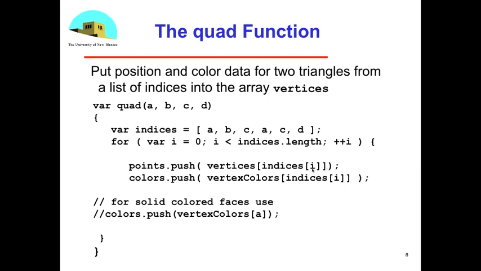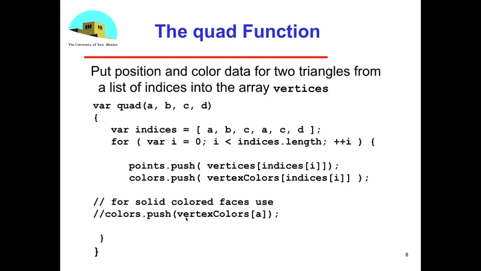I'm going to push the ith vertex from this list, and colors I'm going to point to in the same way. I'm going to put in the ith color. So for vertex A it'll be 0, 1, 2, 3, and so on, and I'll put in that vertex in that color.